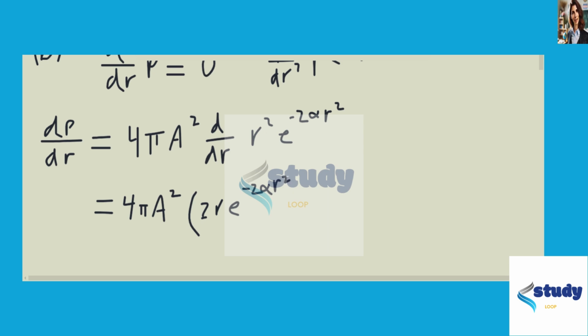Next, we can take the derivative with respect to what's in the exponential, and the r squared alone we're going to add to this is plus r squared times minus 4 alpha r, the derivative of what's in the exponential, times the exponential, e to the minus 2 alpha r squared.